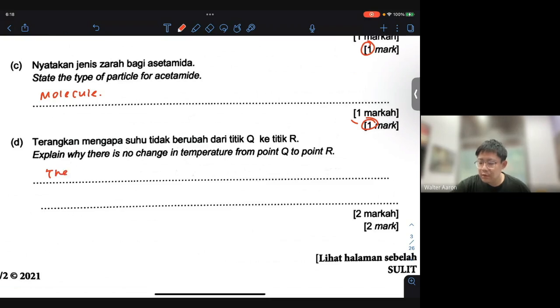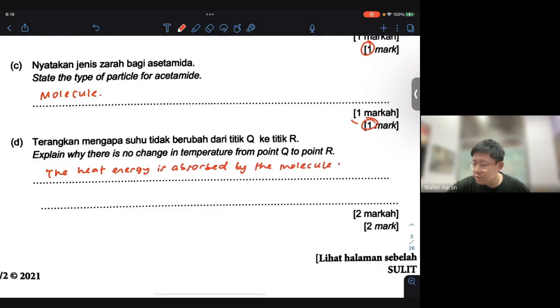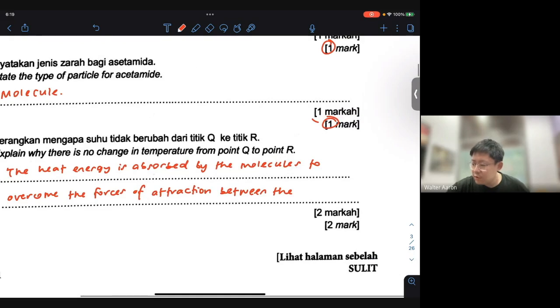The heat energy is absorbed by the molecules to overcome the forces of attraction between the molecules.